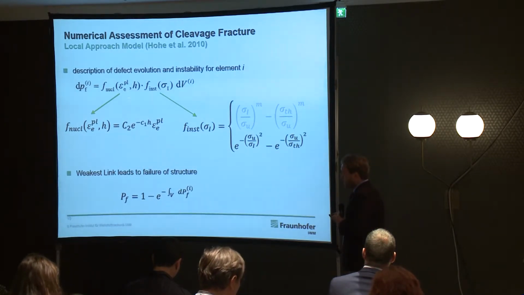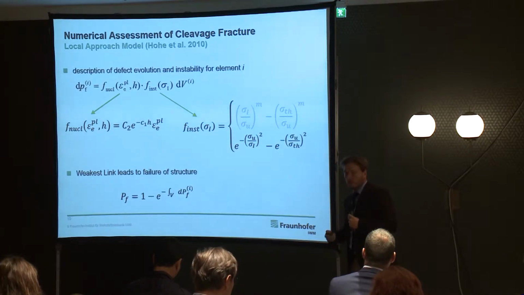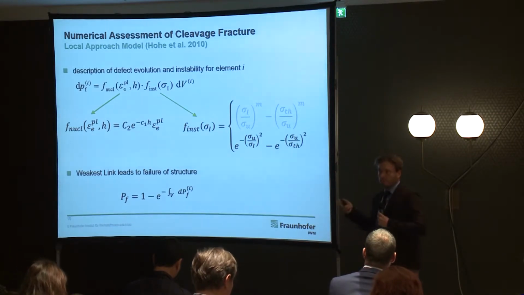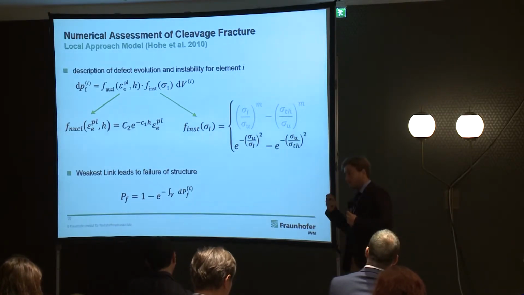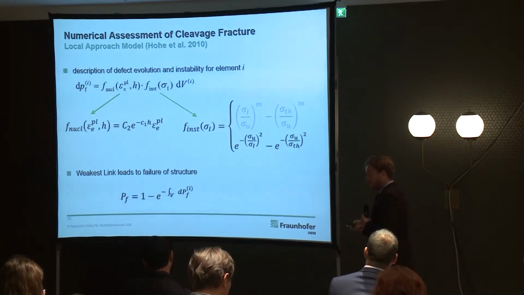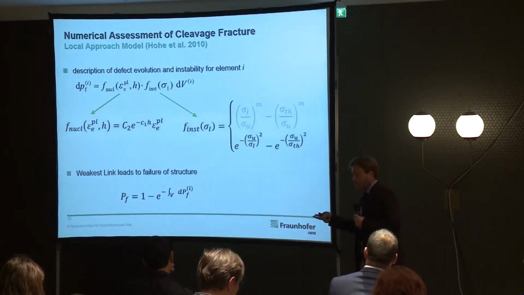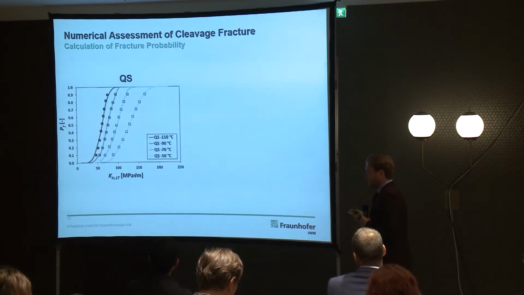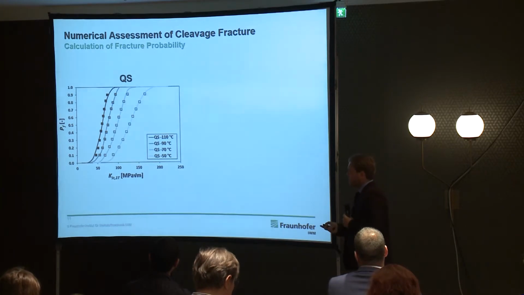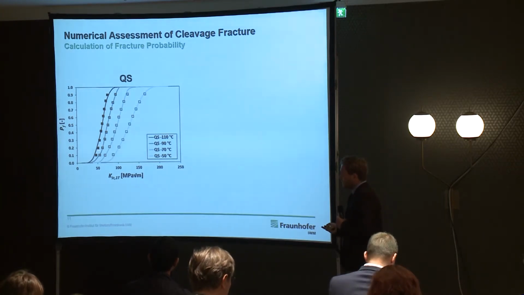However, it also considers the probability of defect nucleation, which is governed by plastic strain, and we also have stress triaxiality here, so we have a bit of a local constraint consideration as well. Important in the end, however, is that we still use the weakest link statistics to assess the probability of failure of the entire structure.